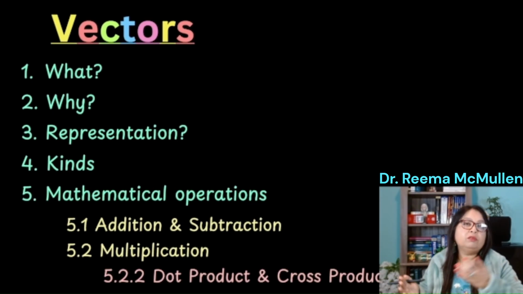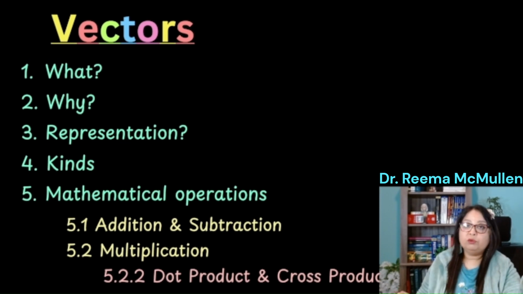Vector multiplication is not simple like scalar multiplication, where 2 times 2 is 4, 4 times 2 is 8, 8 times 2 is 16, and so forth. When we talk about vector multiplication, it is a very specific kind of multiplication. It's of two kinds, dot product and cross product.